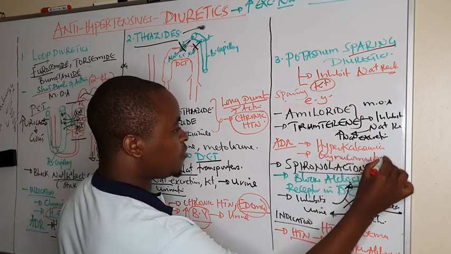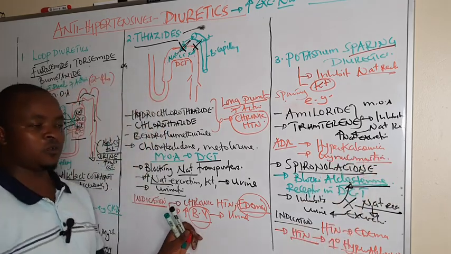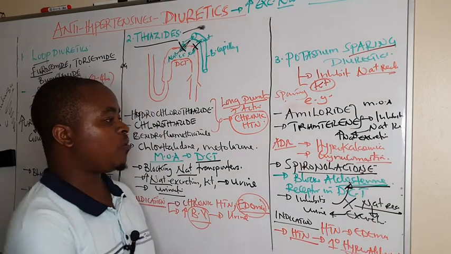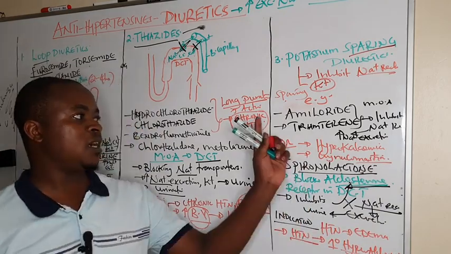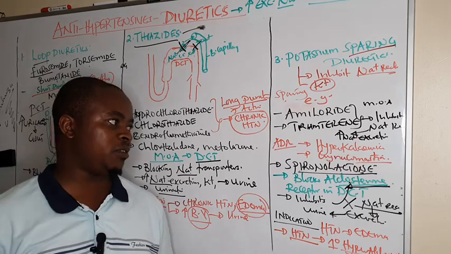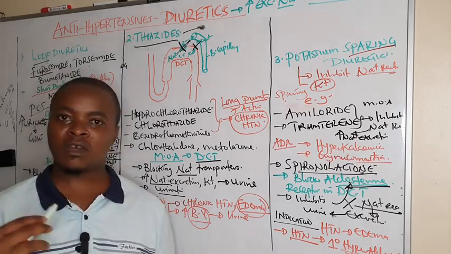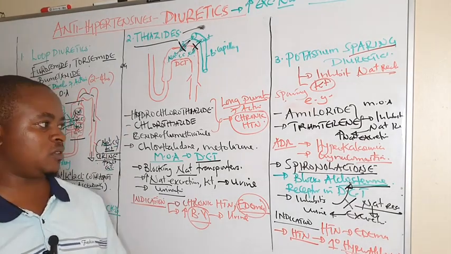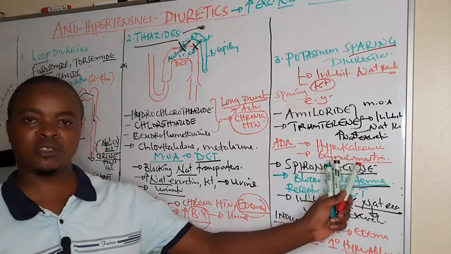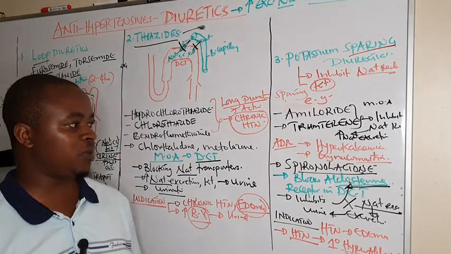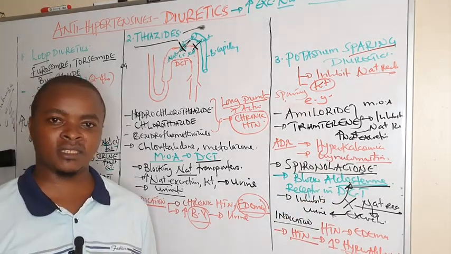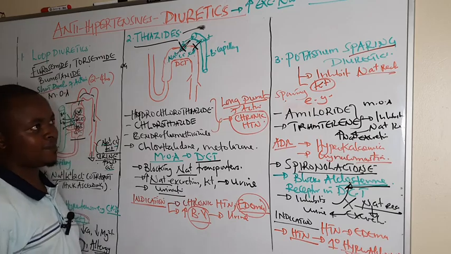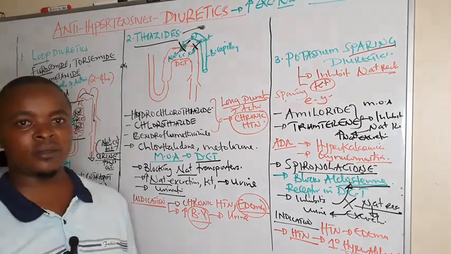That is the development of breast tissue in males, which can lead to loss of libido and impotence. So if people are on spironolactone or amiloride, the end result can be gynecomastia or hyperkalemia, and sometimes ladies suffer with menstrual disturbances when they are on these drugs. So those are some of the ADRs.